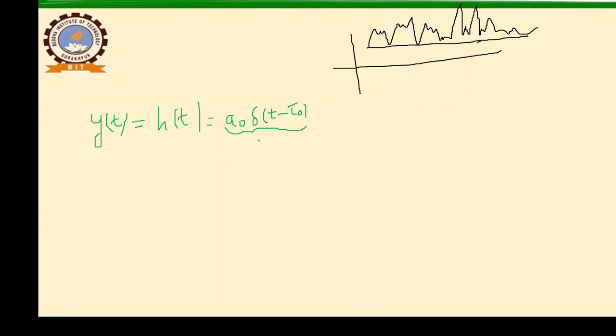This is the LOS component, line of sight component, plus A1 delta impulse shift t minus tau 1, plus and so on, A L minus 1 delta impulse shift t minus tau L minus 1.